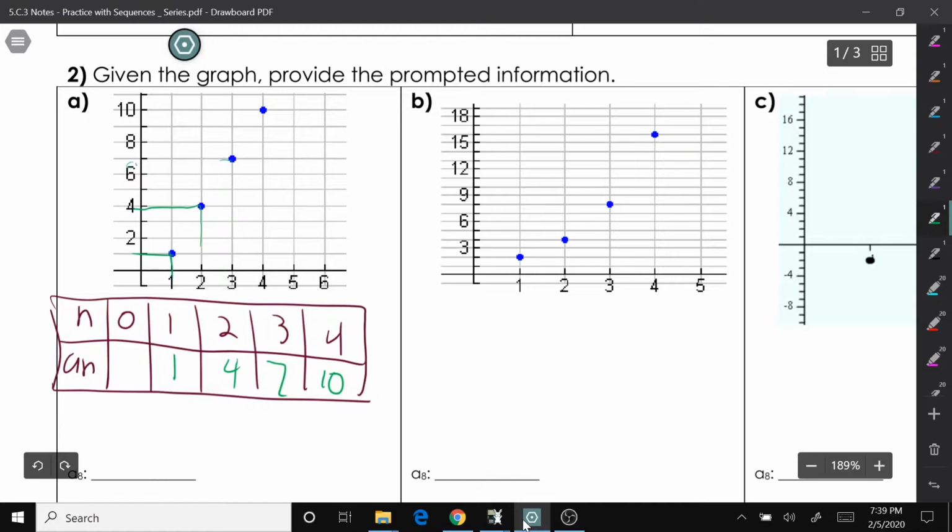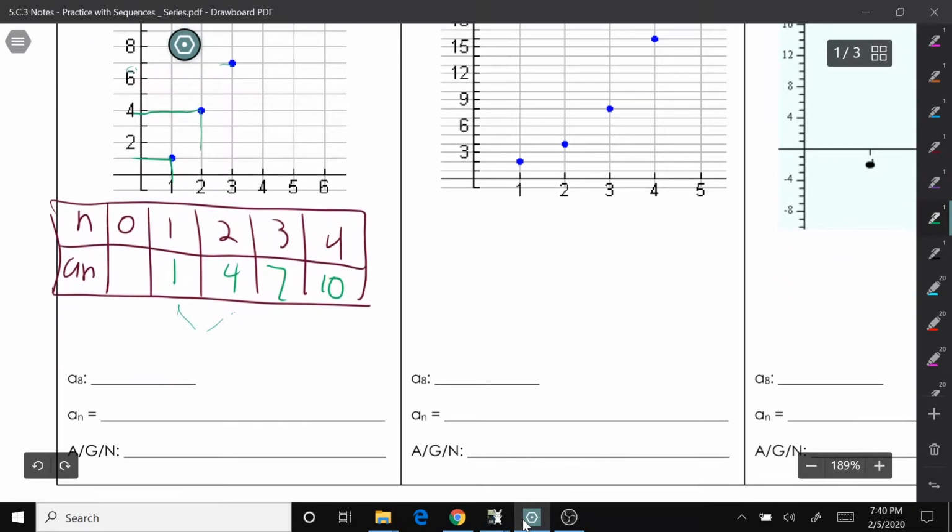So we're subtracting 3 each time if we're going backwards, because we have to fill in this value here. So this will be negative 2, because negative 2 plus 3 is 1. 1 plus 3 is 4. So we are still adding 3 each time.